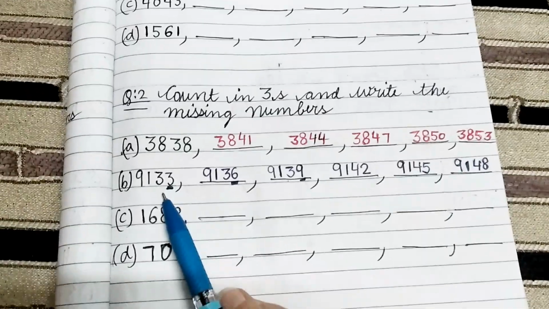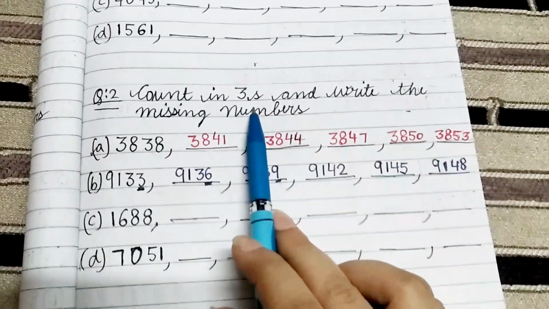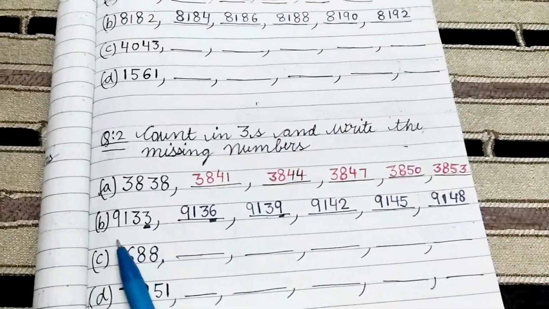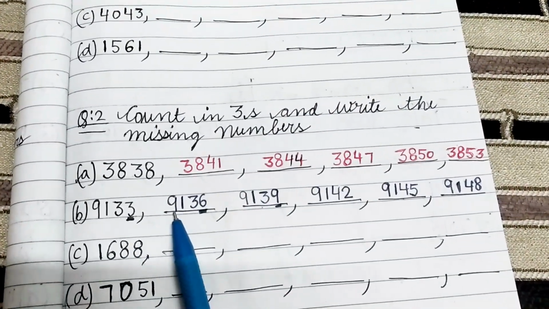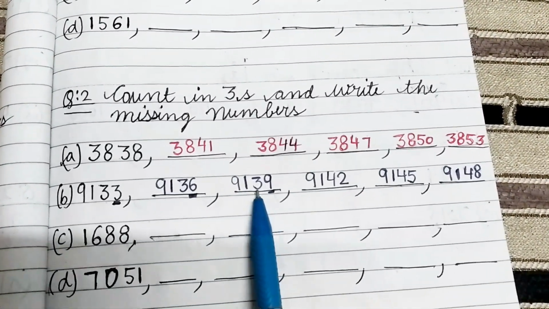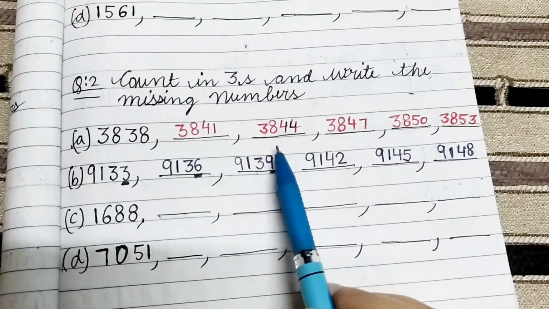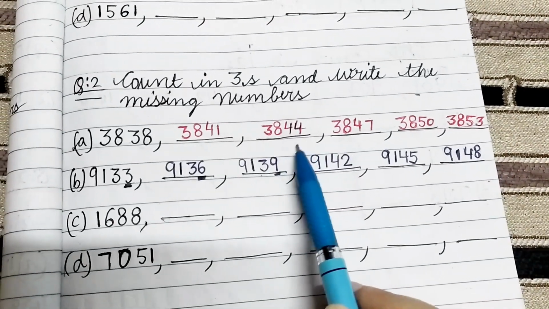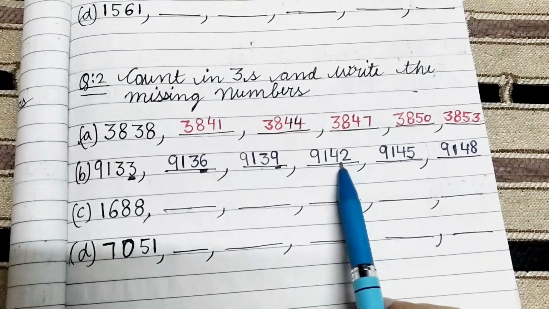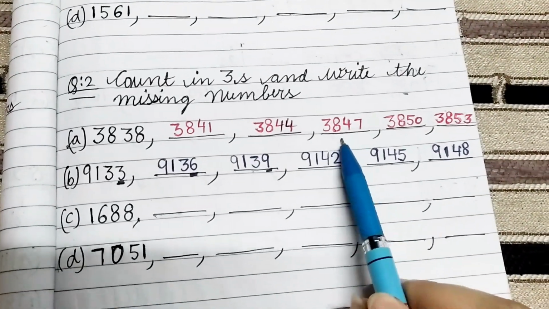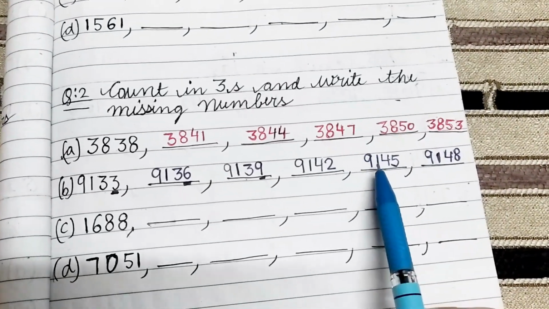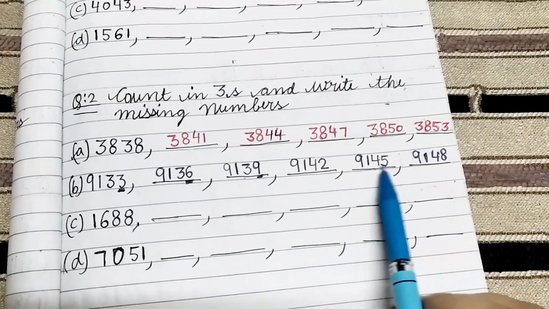9,133. So count in threes. Again, make use of your fingers because these are small numbers. 2s, 3s, you can make use of the finger. 9,136 will come. Then 9,139, 9,140, 9,141, then 9,142 at the third place. 9,143, 9,144, then 9,145 at the third place.